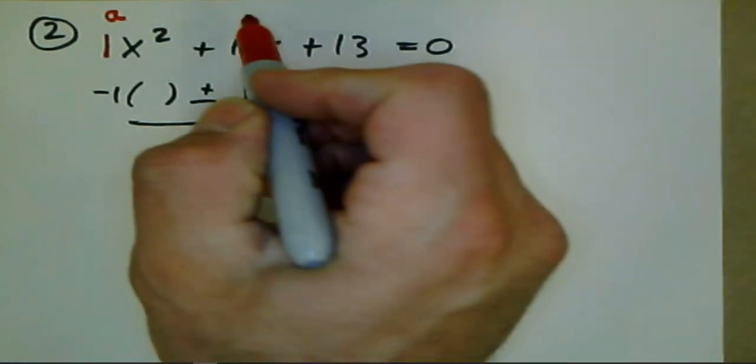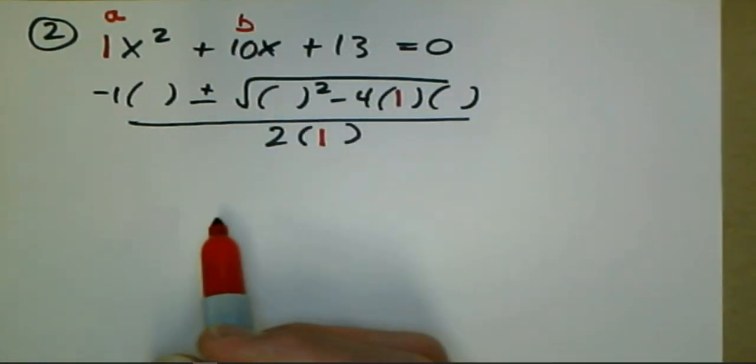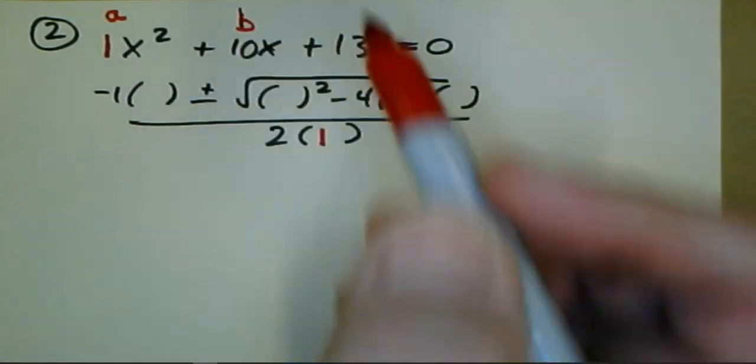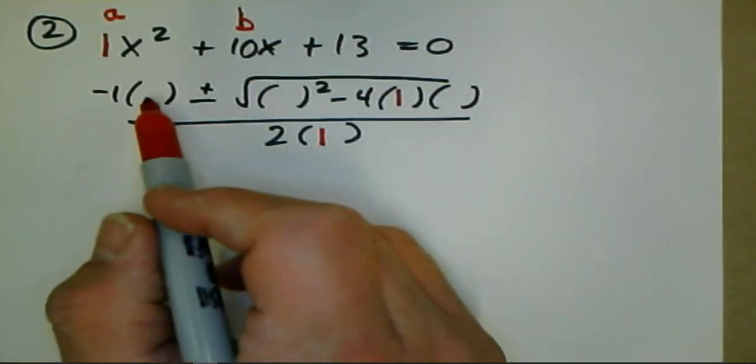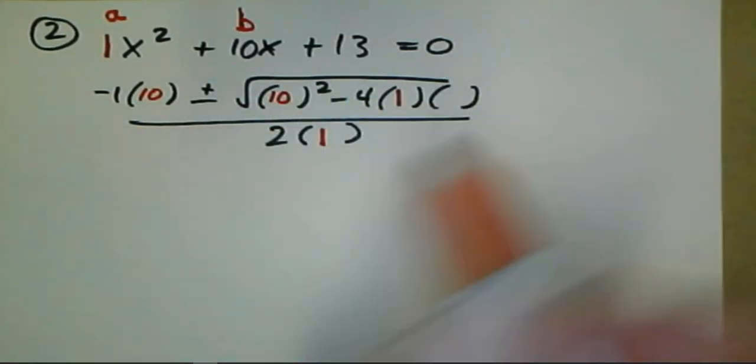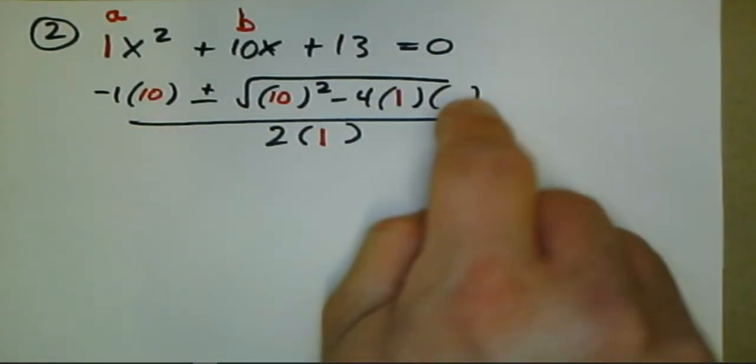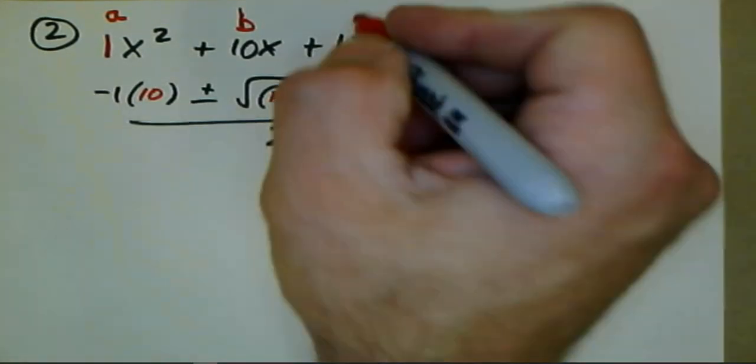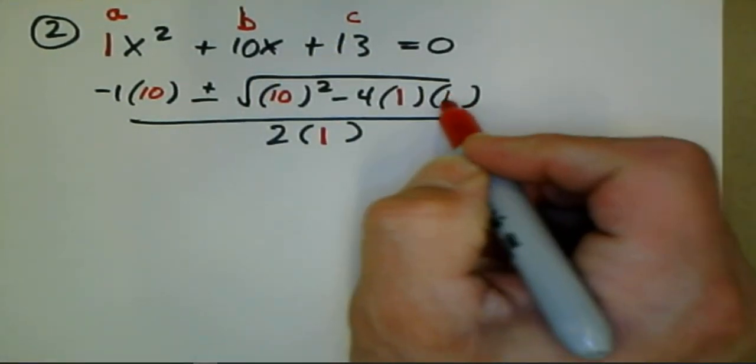Okay, and then I'm going to go to my B, which is right here. It's an ugly B, but it's a B. So B's are the first one and the second one. And I put the 10. And then the last one, the C, the one without a variable, goes there.